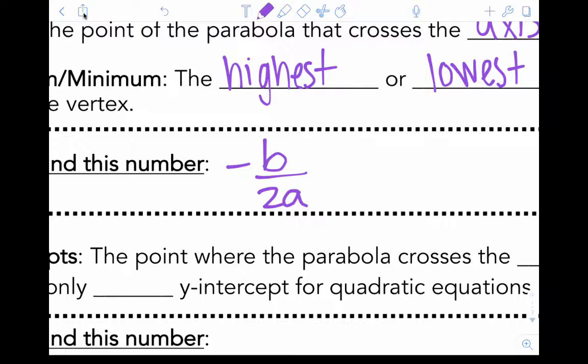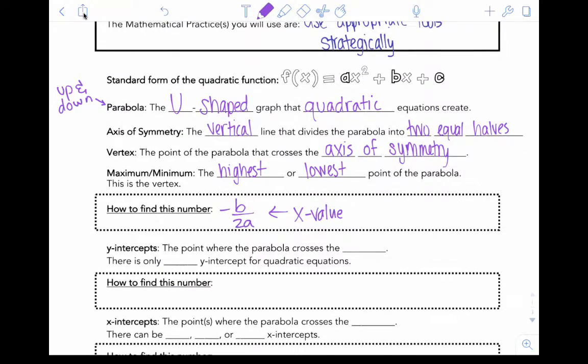When we use negative b over 2a, that gives us the x value for the vertex. It gives us the x value for the maximum or minimum, since those are points. It gives us where the axis of symmetry falls on the coordinate plane.